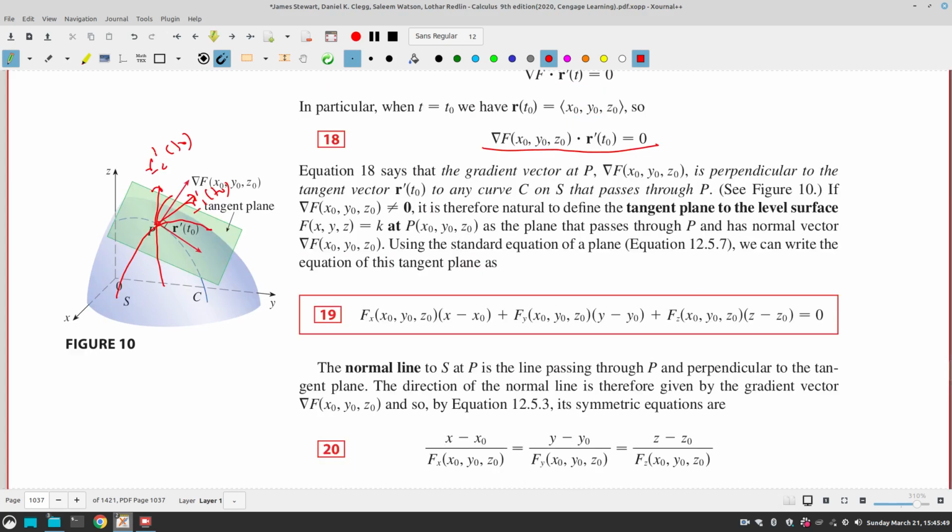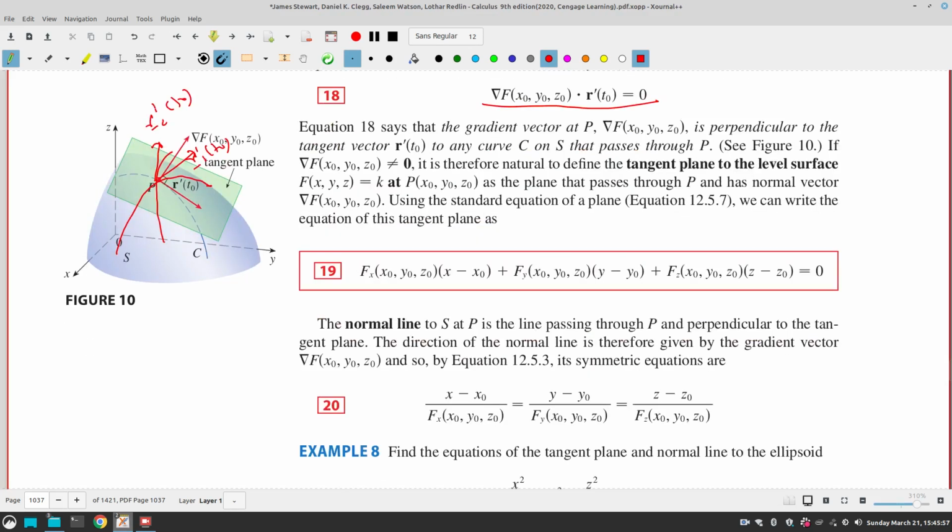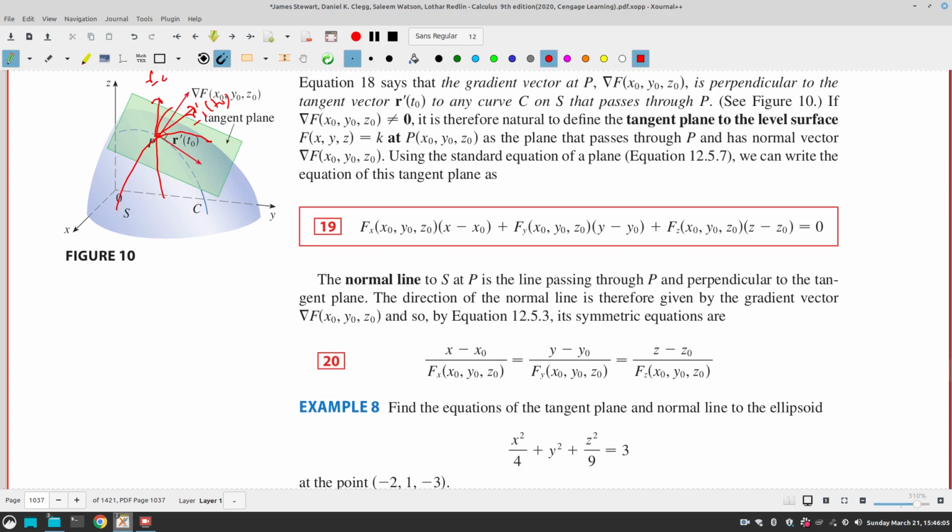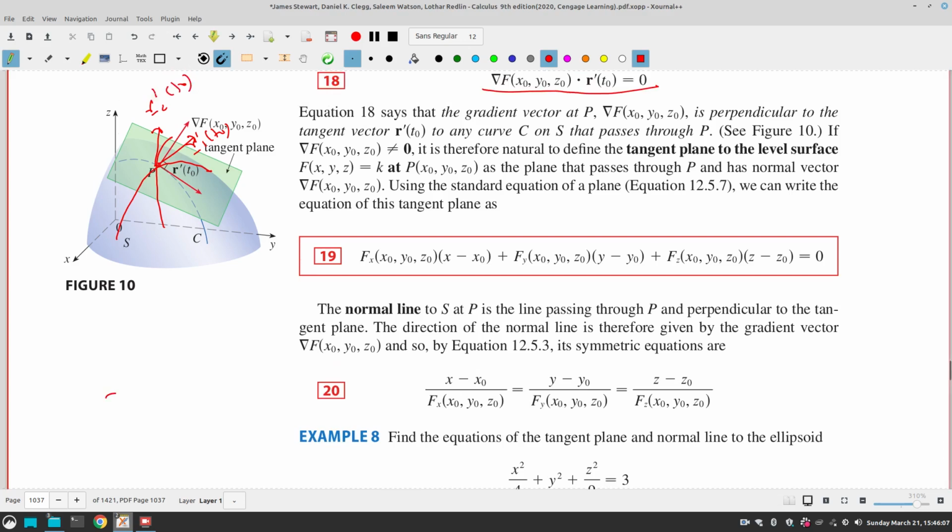Of course, we found an equation, we wrote the equation of the tangent plane as, remember, fx x naught, y naught, z naught times x minus x naught.